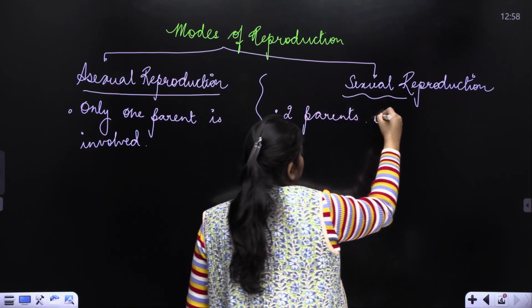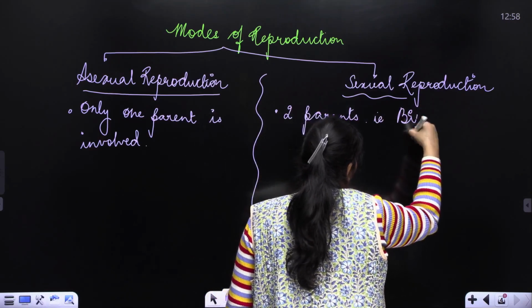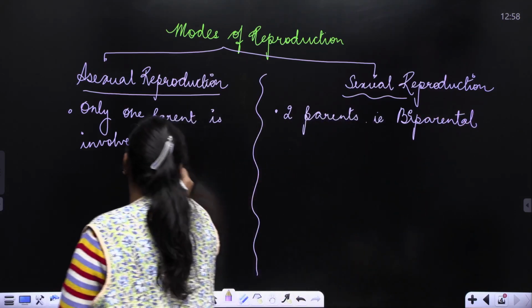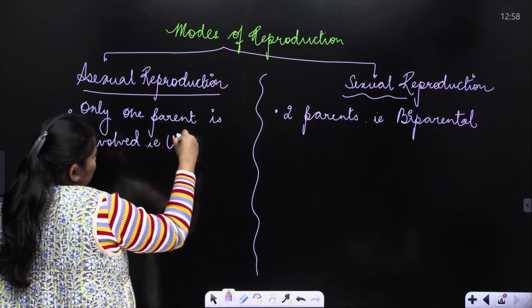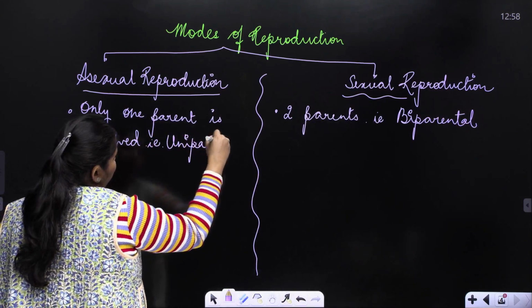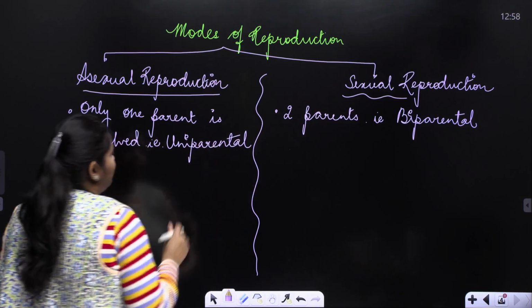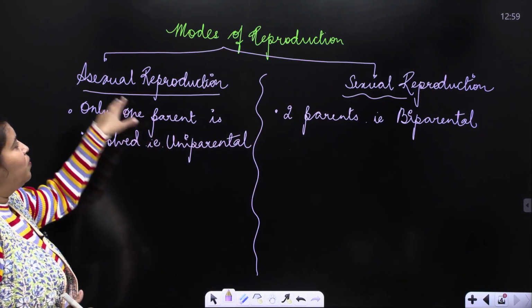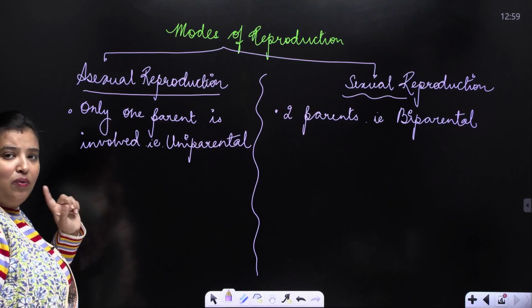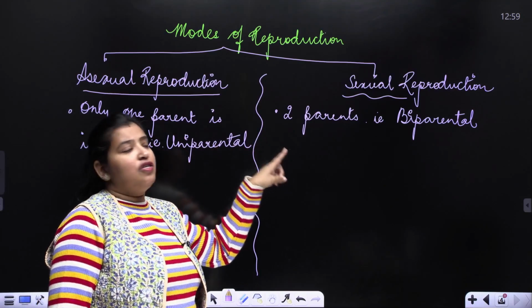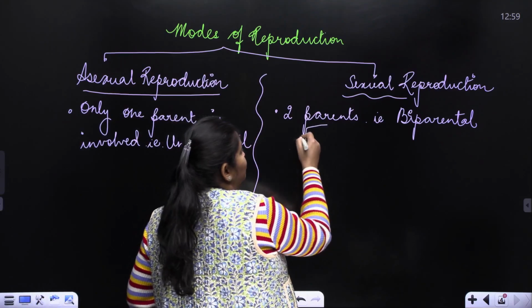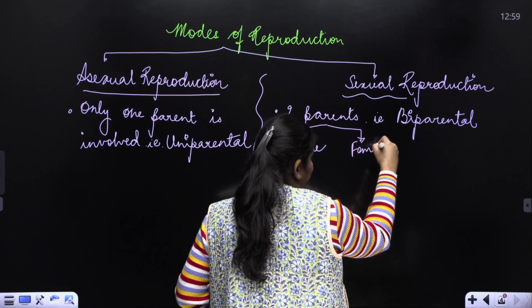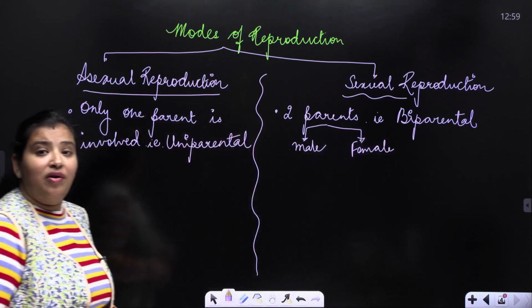That means this is biparental and this is uniparental. Biparental and uniparental. Clear? Uni means one, so asexual reproduction will involve only one parent. Sexual reproduction involves two parents, out of which one is a male and the other is a female. So these are the two parents which are involved.